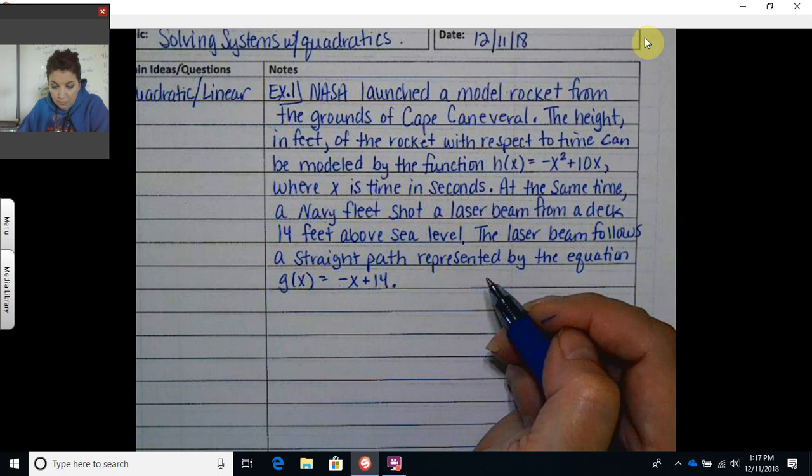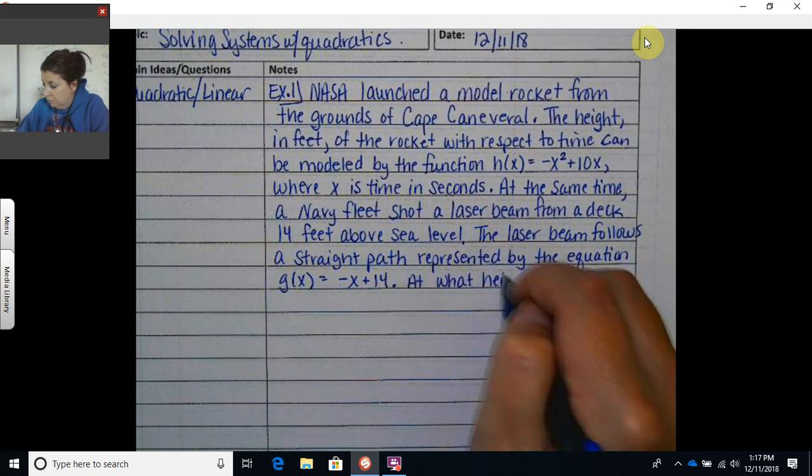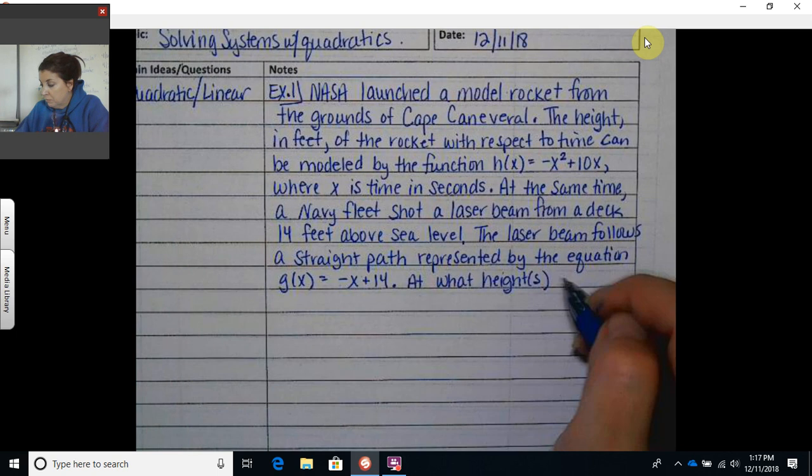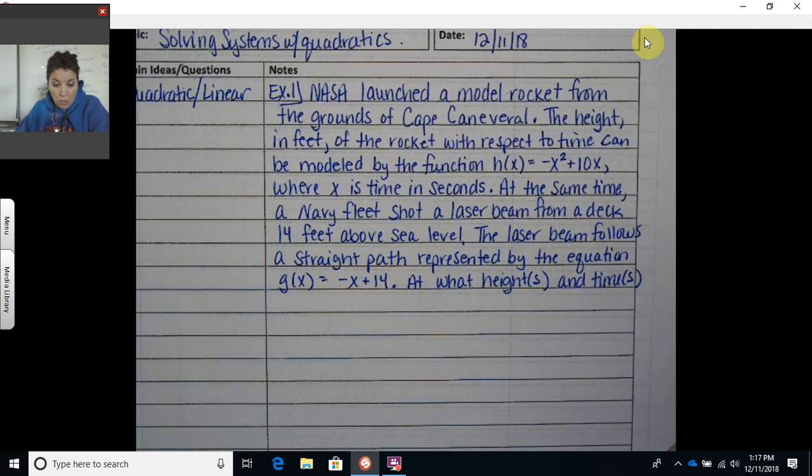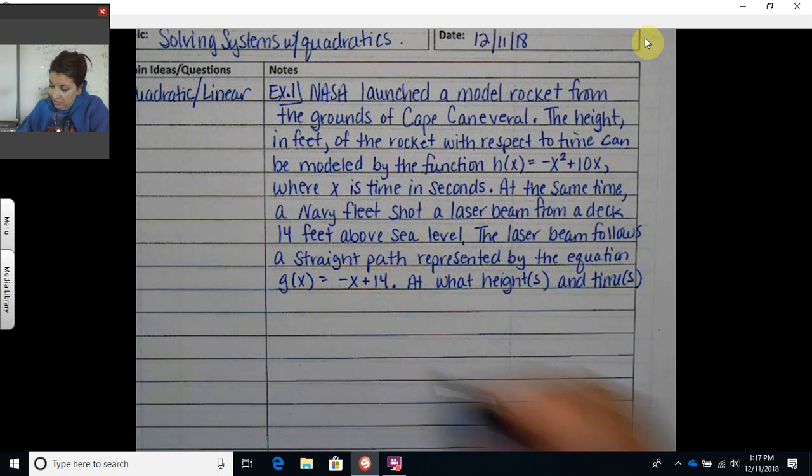At what height, and I'm going to make that plural because it could be heights, could be more than one, and time or times, will the rocket and laser beam cross paths?